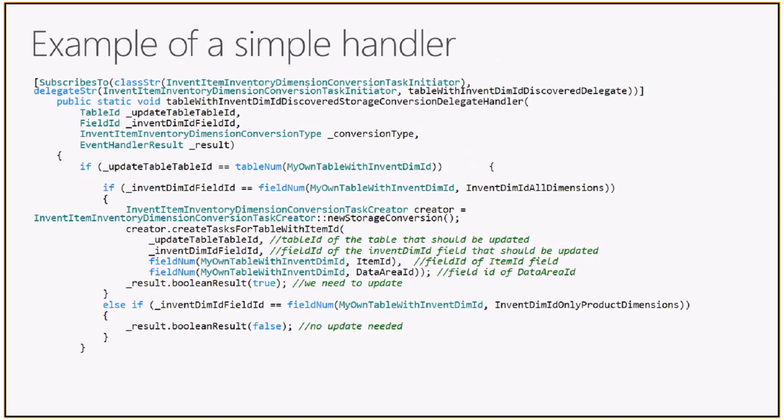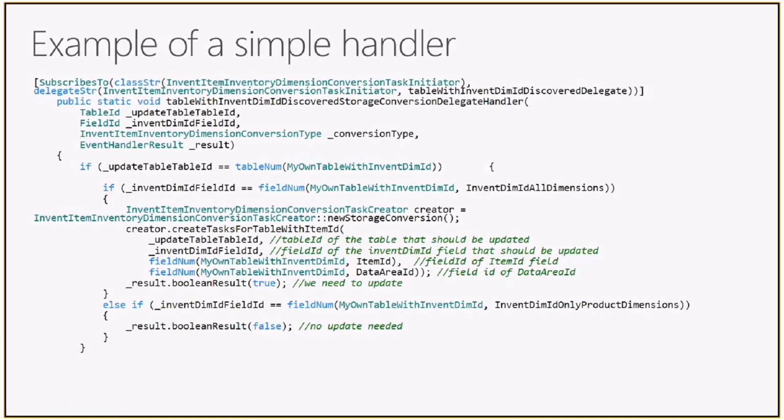We pass in the information about what table and what field it is that we have discovered, and then you need to tell us, yes, I need to create a certain task to convert this. That's what you see here in the first if. That's an example where you actually want the conversion to happen for this field. The lower part, the else if, is where you don't want any conversion to happen. So here you basically set the result to false.